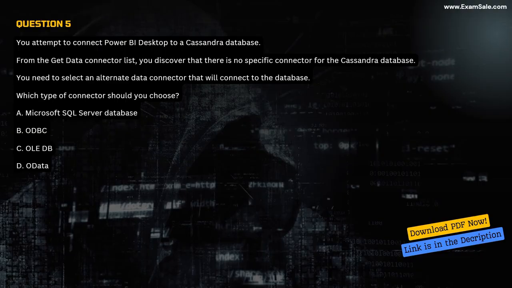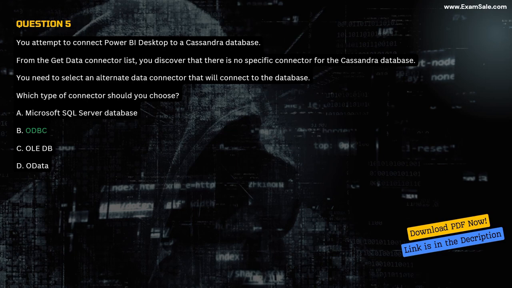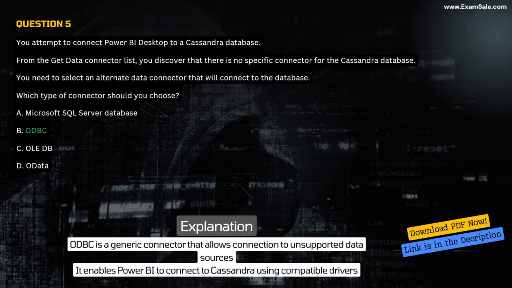B. ODBC. C. OLE DB. D. OData. Correct answer: B. ODBC. Explanation: ODBC is a generic connector that allows connection to unsupported data sources. It enables Power BI to connect to Cassandra using compatible drivers.